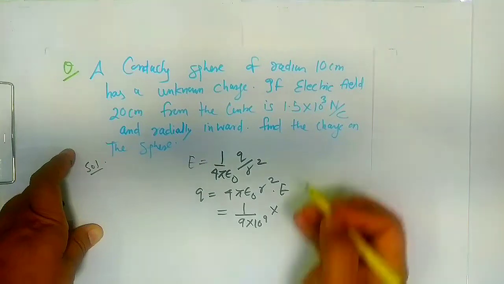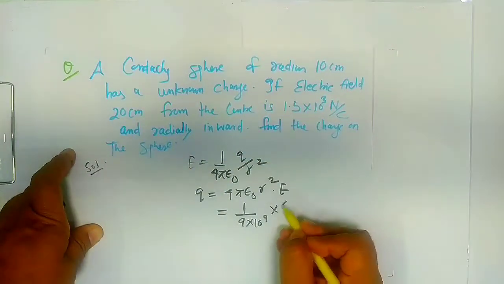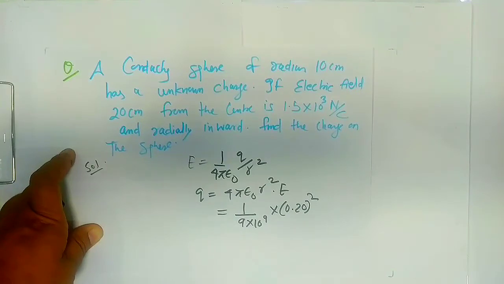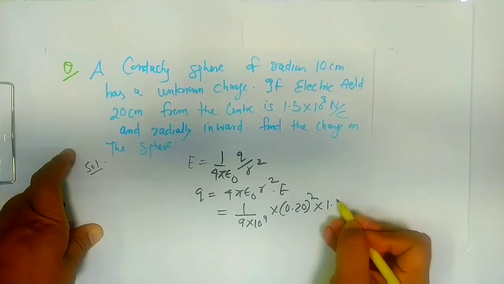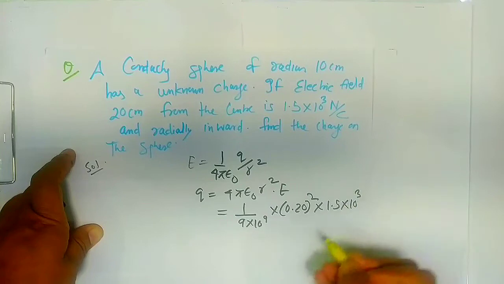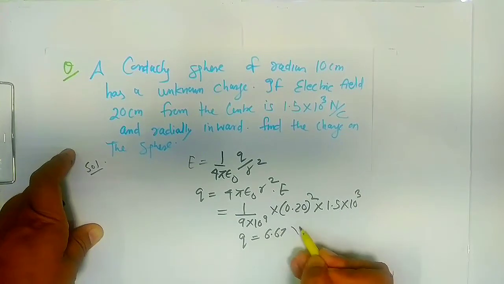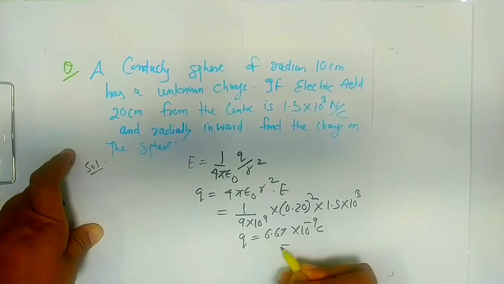R at 20 centimeters has been asked, so 0.2 square, and E is 1.5 into 10 to the power 3. So calculate it, you get near about 6.67 into 10 to the power minus 9 coulomb, that is 6.67 nano coulomb.